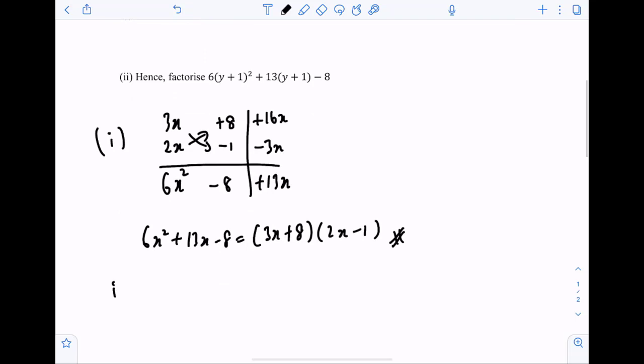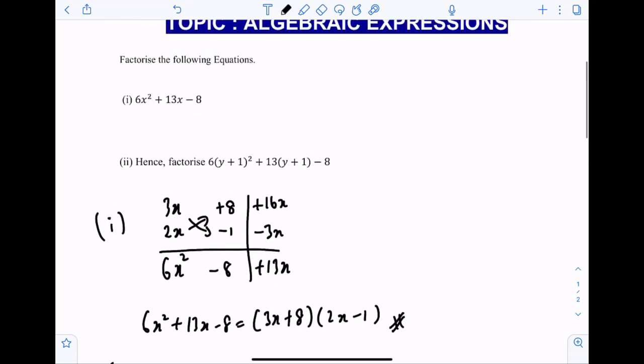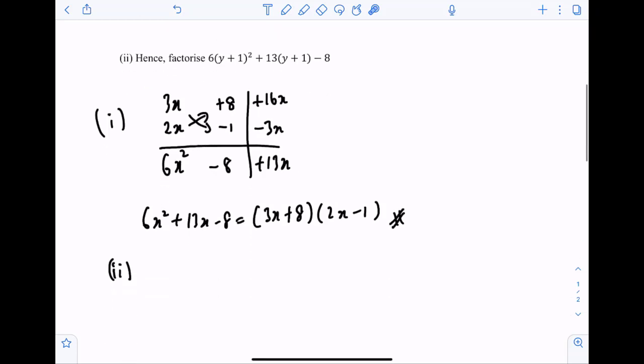Now for part 2, again, notice that x has been replaced with y plus 1. So same thing, 6(y plus 1) squared plus 13(y plus 1) minus 8. Since they said hence, all we need to do is to do a replacement. So instead of writing x, we write y plus 1.